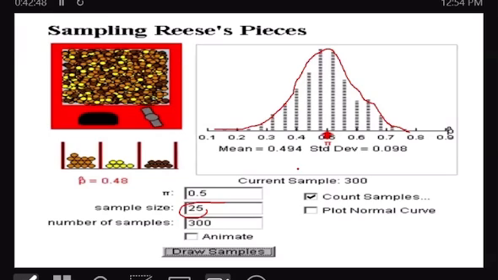What will be the movement? What will be the deviation away from the center? Here, we don't call it standard deviation. We call it standard error. When I'm working with just a random variable and I have a normal distribution for that random variable, the deviation from the center is called the number of standard deviations.